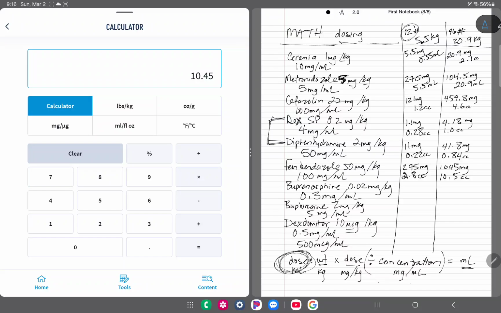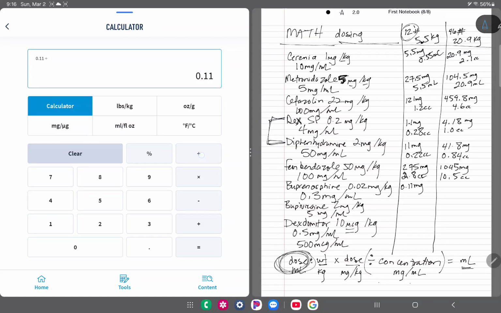Now, buprenorphine. Buprenorphine for my 5.5 cat times 0.02 mg per kg. The dose is 0.11 mgs. Again, that's what we write in the computer. I gave 0.11 mg IV at this time, something like that.